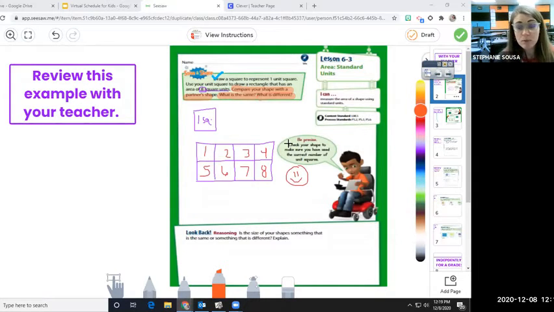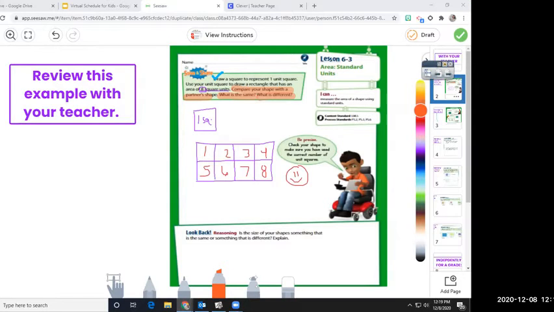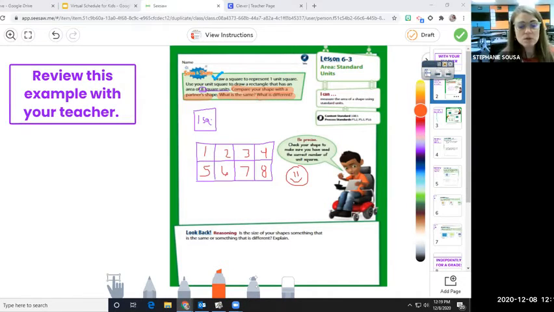Take, for example, if I say that I'm going to give you a piece of cake and I'm going to give you 6 square centimeters of a piece of cake, but I am going to give someone else 6 square inches of a piece of cake. They're both 6 squares, but one of those is going to be a bigger piece of cake.